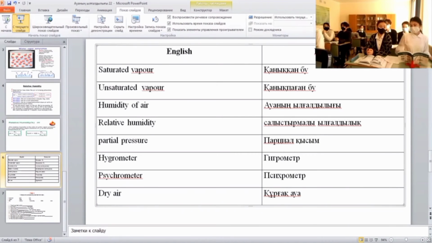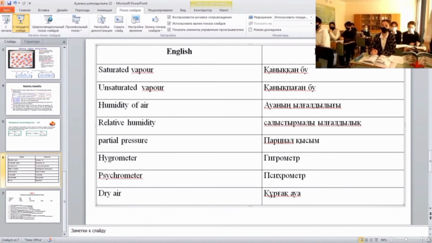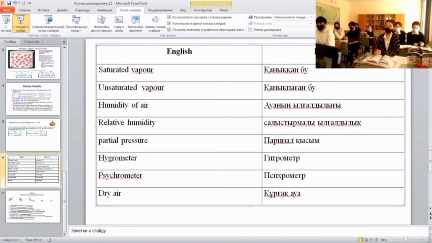First group. Saturated and unsaturated vapor. Consider a closed container filled with dry air, with no water in it. When water is placed in the container, water starts to evaporate. The concentration of water molecules in the air increases.